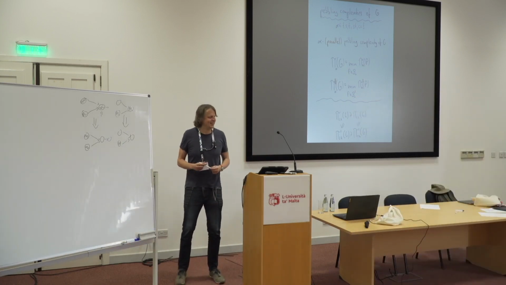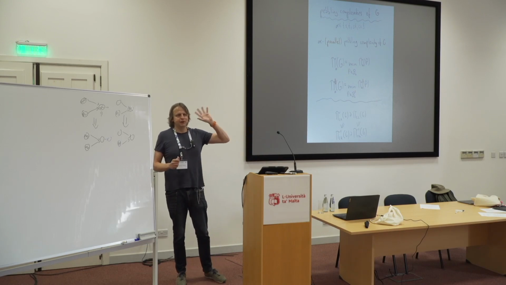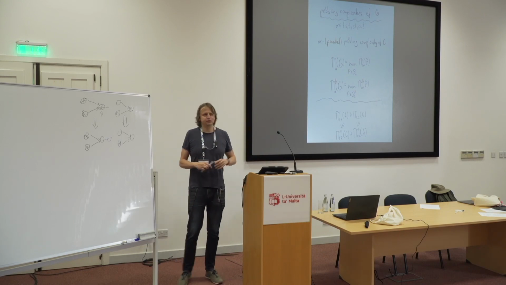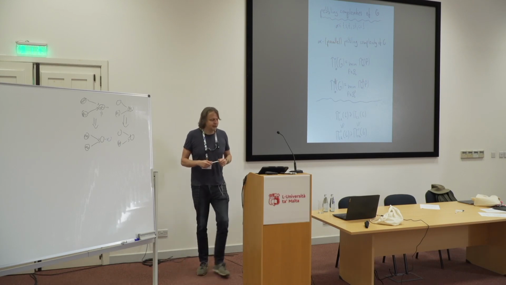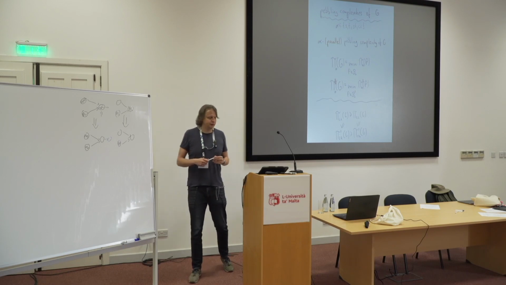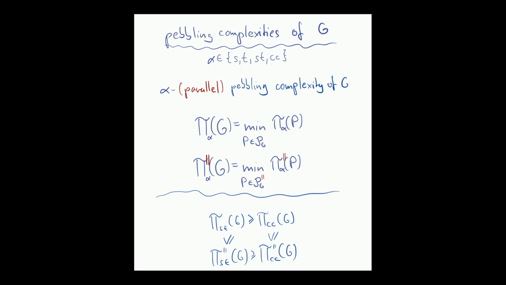Okay, let's try it. For alpha, you can, in your head, let alpha be any of those four notions that we've discussed so far: space-time, or cumulative. Then we can talk about the alpha pebbling complexity of a graph as follows. We use this notation, capital pi. The subscript defines the notion, and G is the graph.